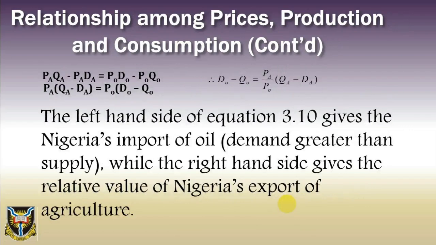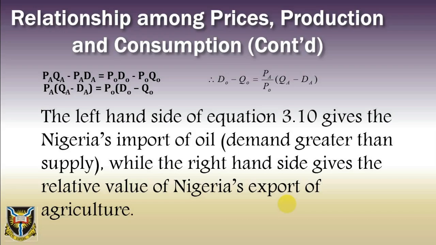PA times the bracket QA minus DA equals PO times the bracket DO minus QO. Then DO minus QO equals PA over PO multiplied by the bracket QA minus DA.